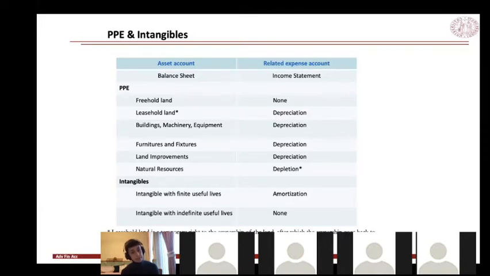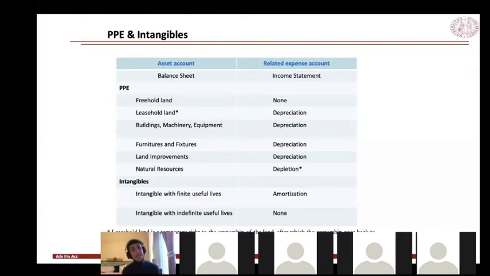So for instance, under property, plant, and equipment, you can find freehold land, which is land that is held in perpetuity, which does not lose its value with use because you don't have a contract with an expiration date. So there is no related expense in the income statement.